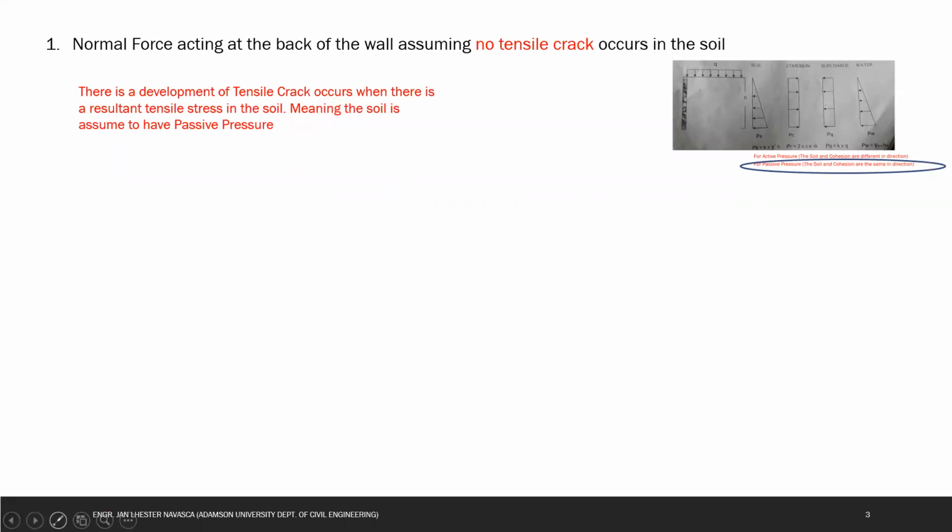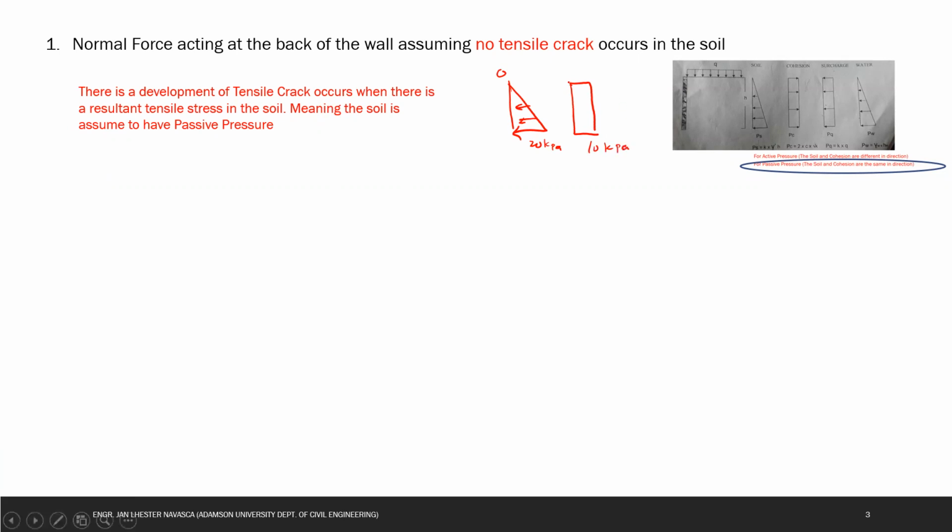So, given the soil pressure diagram, this one is the soil, and this is the cohesion value. Let's say this is 0 and this is 20 kPa, and this one is 10 kPa.